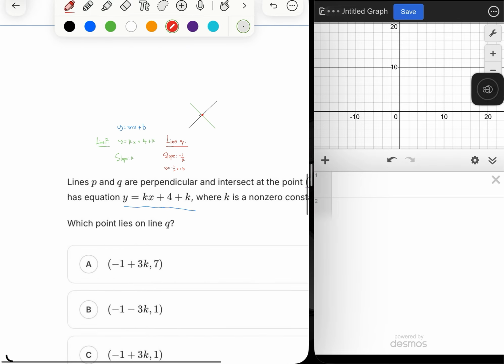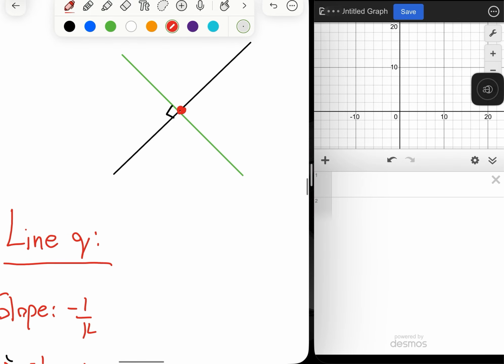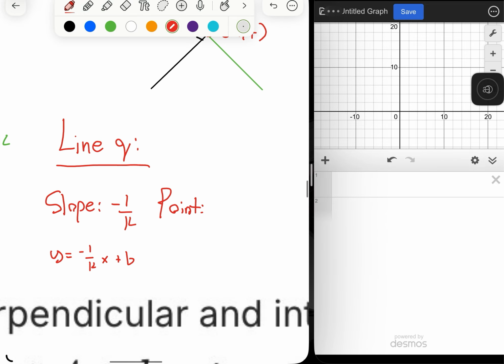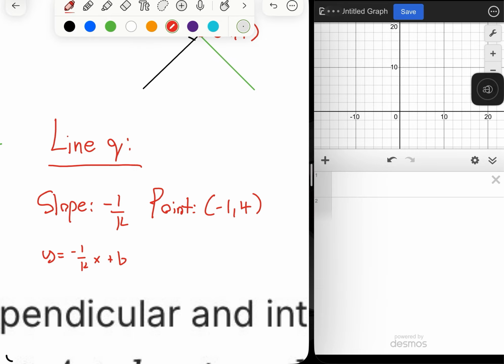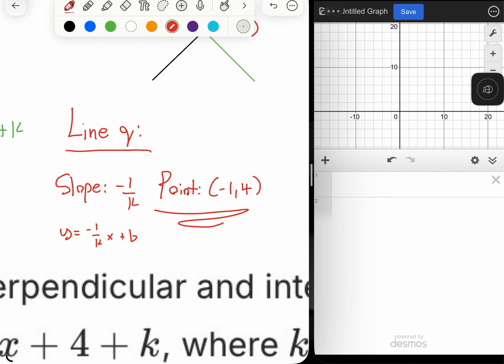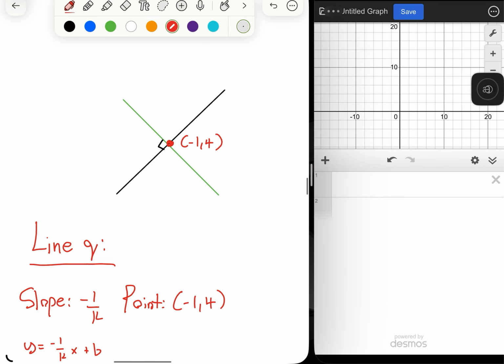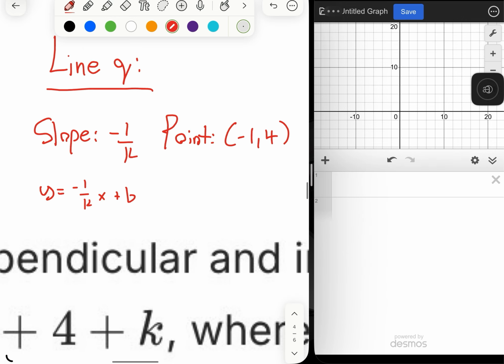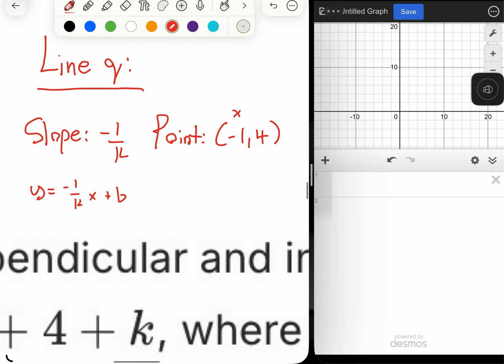With that similar logic, we know that point is -1, 4. And we know that has to be a solution to this equation because that point lies on that perpendicular line too. So what you do is you plug in the x and y into that equation to find the missing y-intercept.